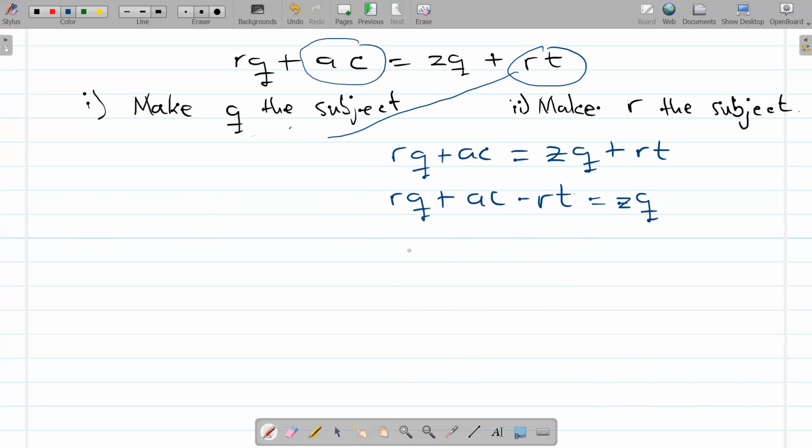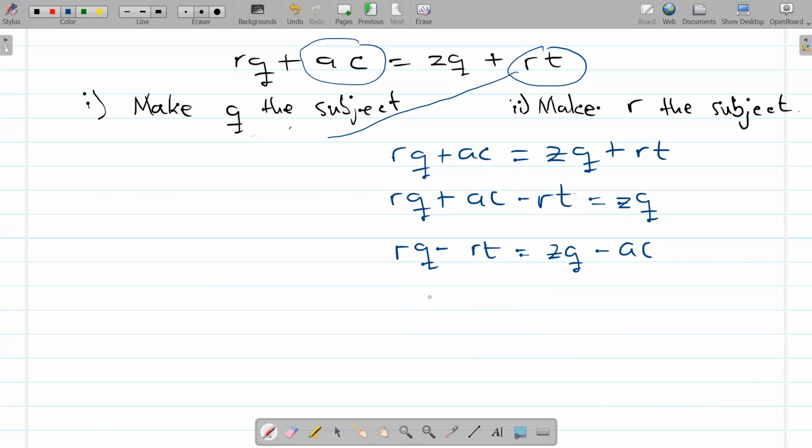So what's the next step? The next step is RQ minus RT equals Z, minus AC. Z what? Q? Q, yeah, minus AC.